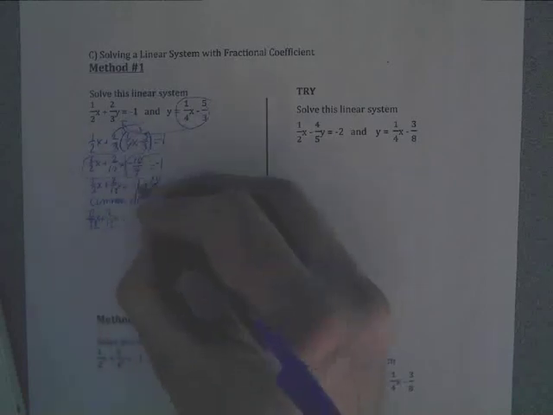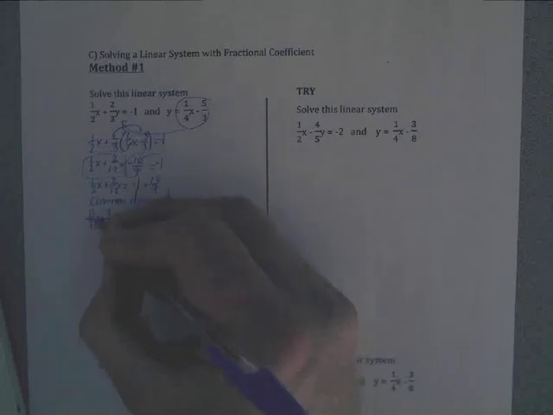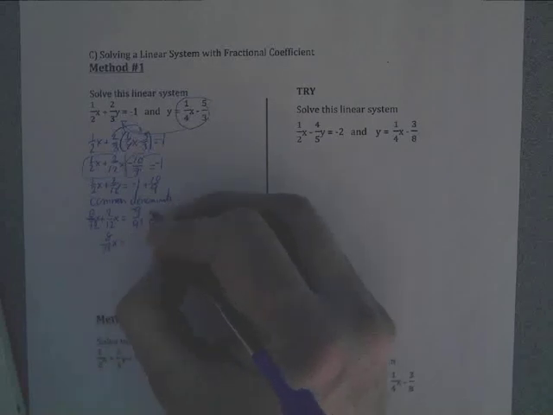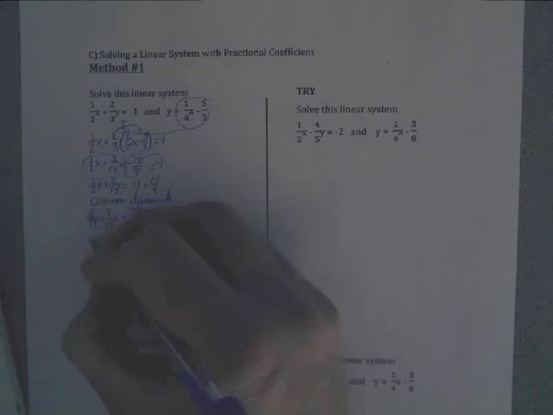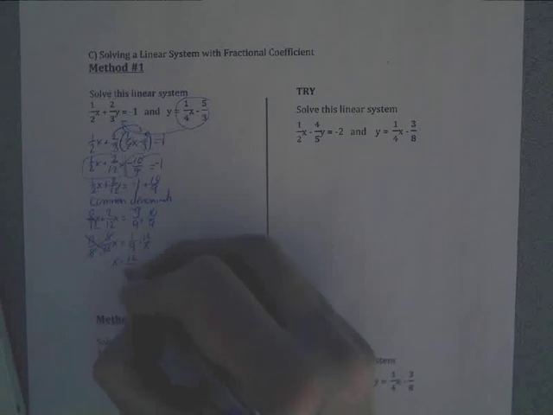And here, the common denominator is 9, so -1 times 9 is -9 over 9, plus 10/9. 6x plus 2x gives me 8x over 12, or 8/12 x, and -9 plus 10 is 1/9. I want to get x by itself, so I'm going to multiply by the reciprocal. What I do to one side, I must do to the other side. The 8's cancel out, the 12's cancel out, so x is equal to 1 times 12 is 12, 9 times 8 is 72, which reduces down to 1/6.